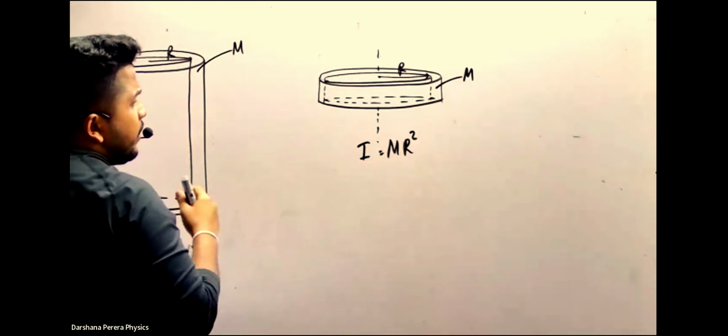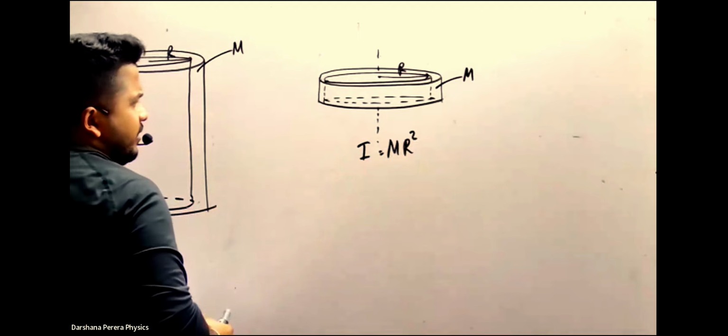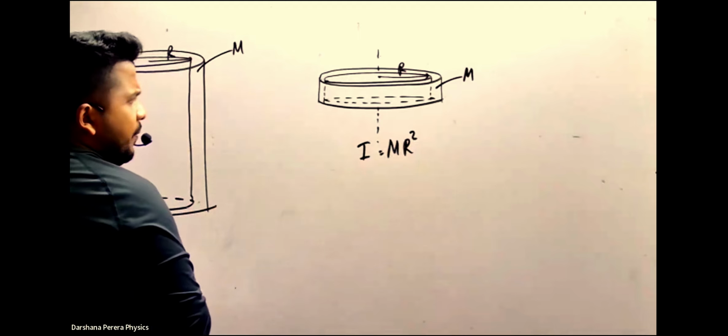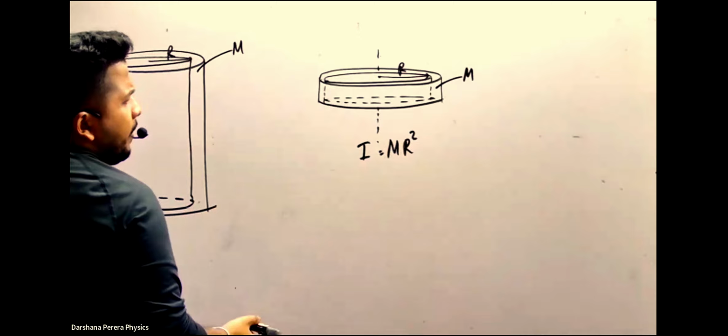When we take the uniform solid cylinder, I equals M R square over 2.